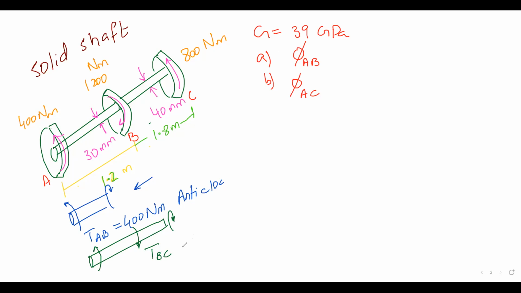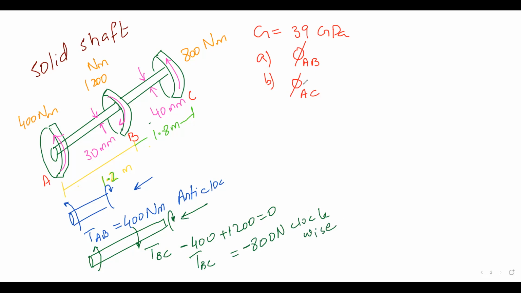So that is clockwise minus 400, then you have plus 1200. So I have TBC equal to minus 800. This means actually this fellow is clockwise, and I'm looking from there, right?